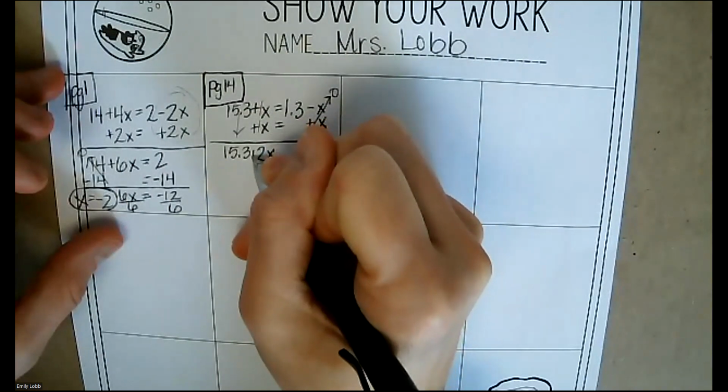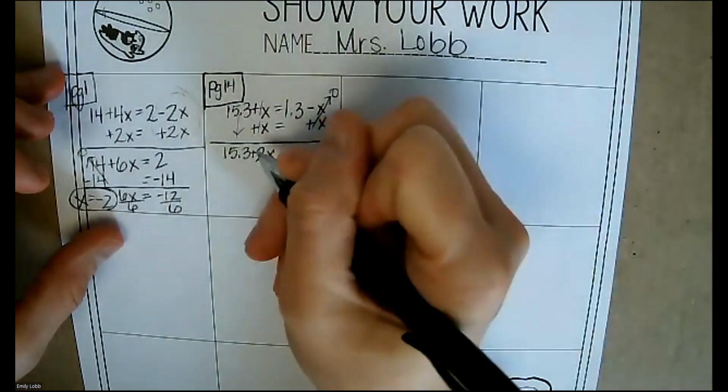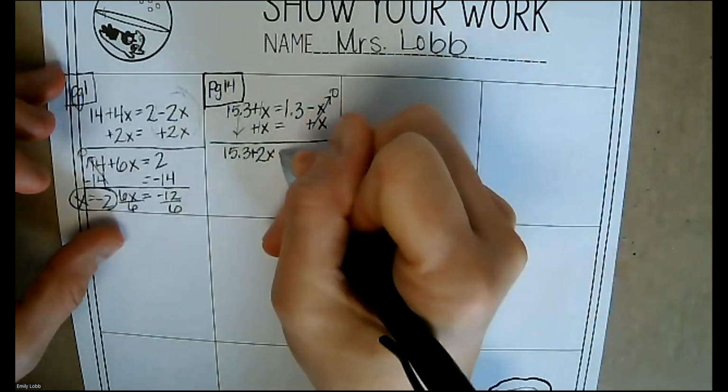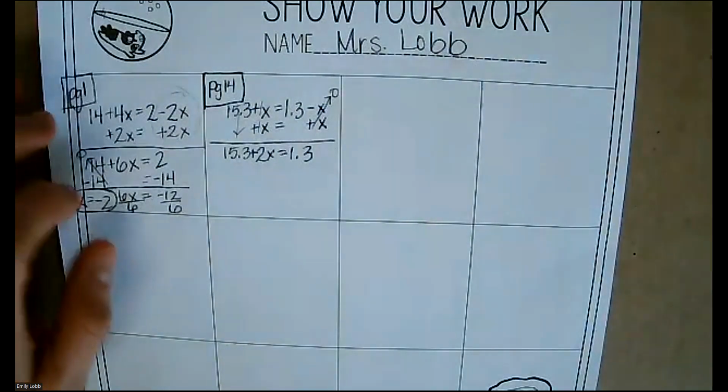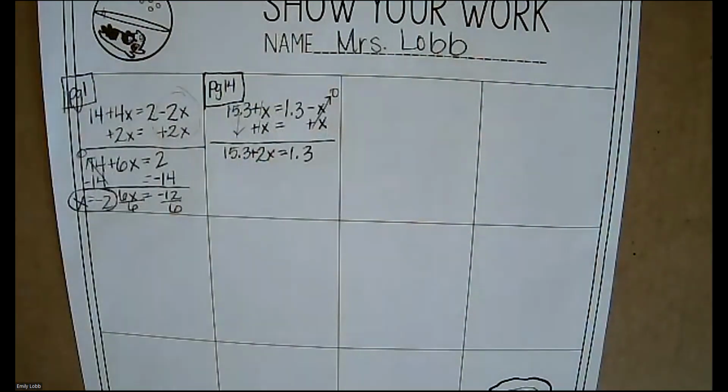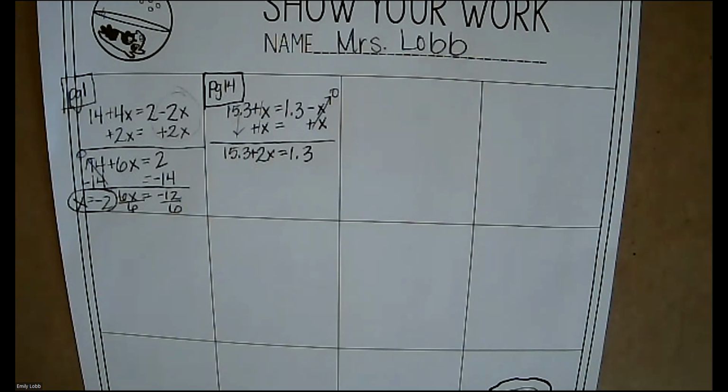And I need a plus in front of it because it is positive. Then I have an equal sign and that 1 3/10 on the right because my variable on the right went away. Guys, we're still following the same procedure for two-step equations now, even though we're dealing with decimals.